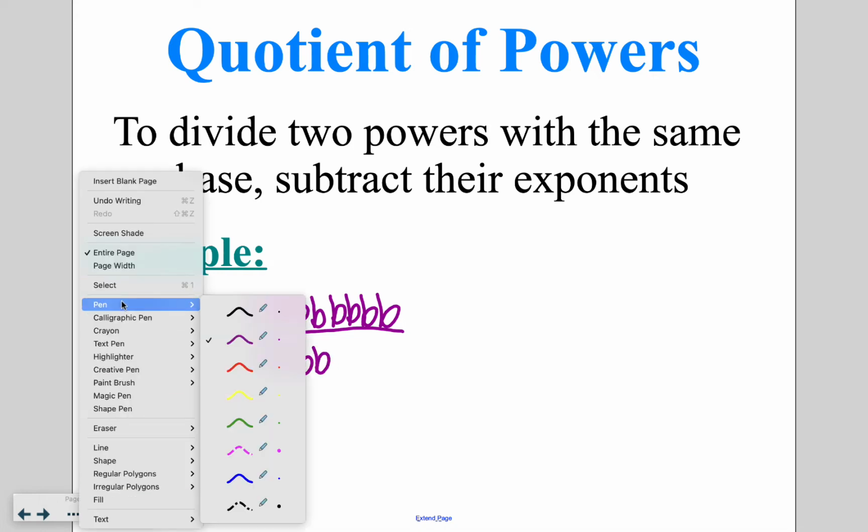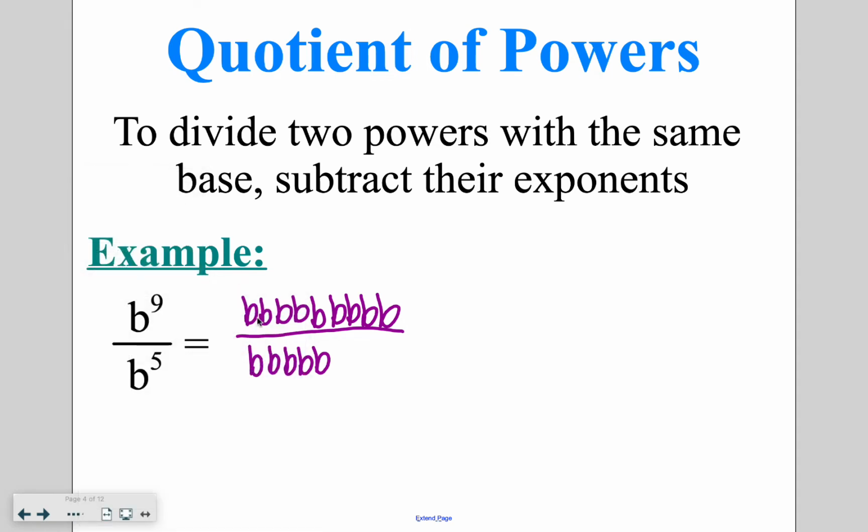Every time you divide a number by itself, it's just going to turn into 1 or it's going to cancel out. So these first 5 pairs cancel each other out, leaving us with just 4 b's being multiplied, or taking that shortcut, which is what our rule tells us to do, and subtracting our exponents. So 9 minus 5 is what gives us b to the 4th power.